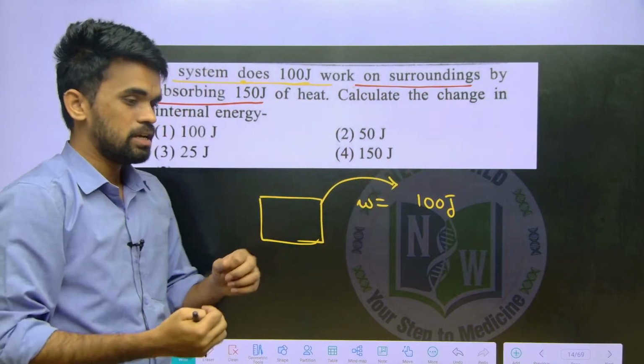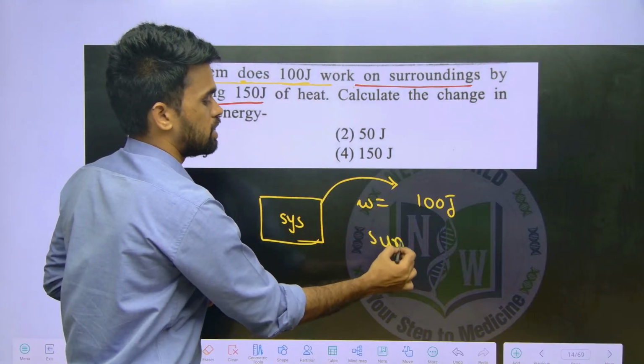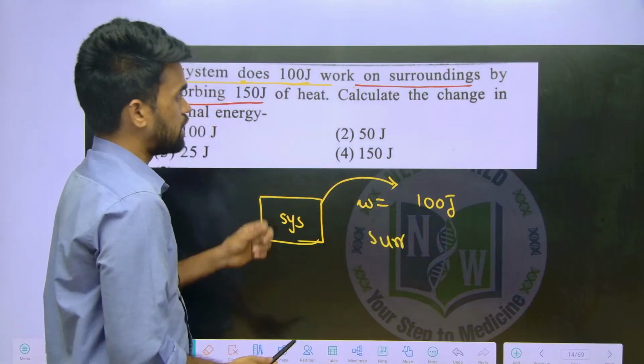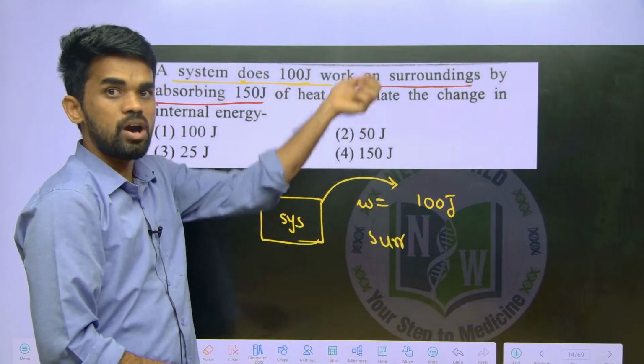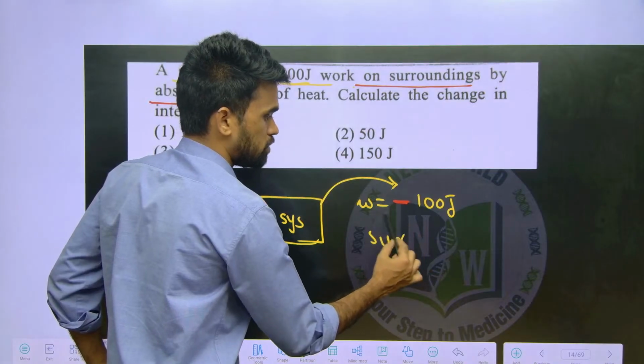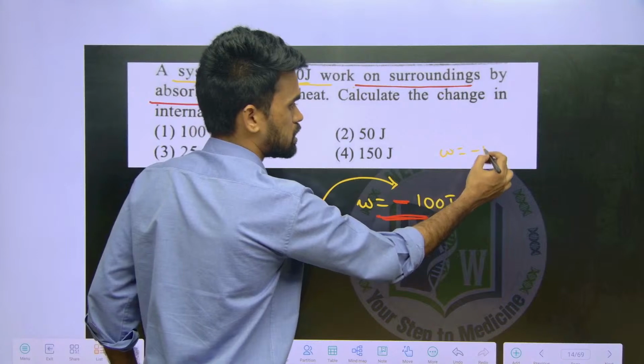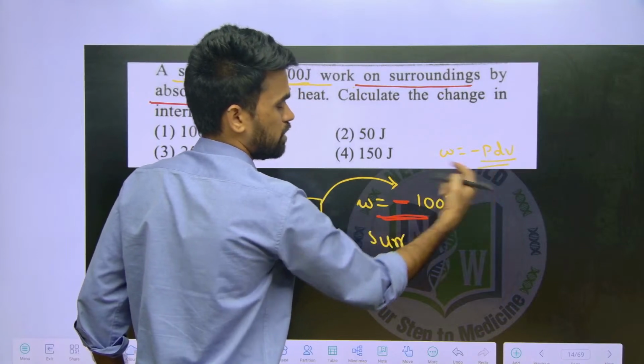I told you there is something called system, and the other part, whatever it is there, is called surrounding. They are saying work is done by the system on surroundings. It means work should be negative. Work done by the system, so work should be negative, I told you. That's why we have taken the formula as W equals to minus P dV in the previous line.